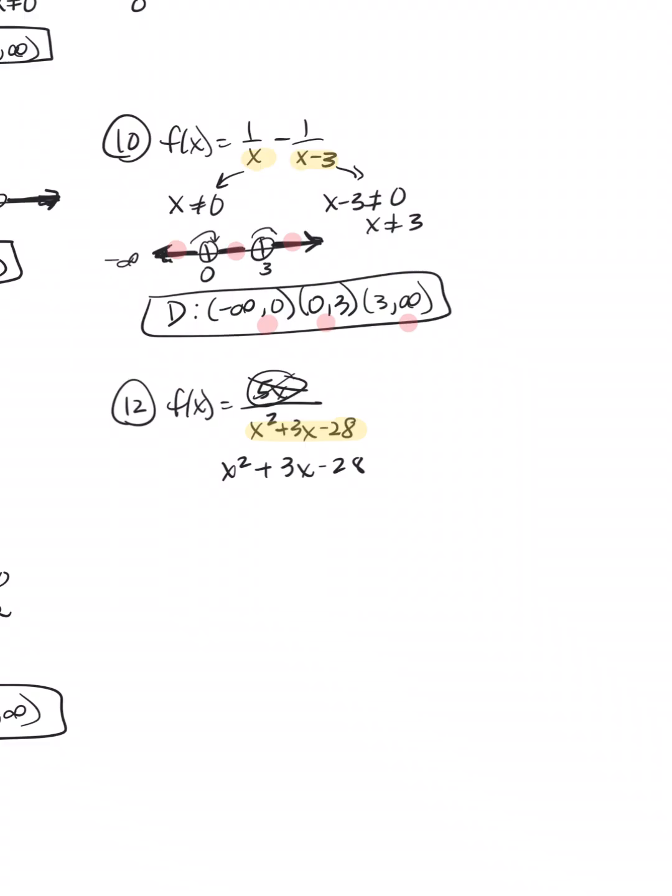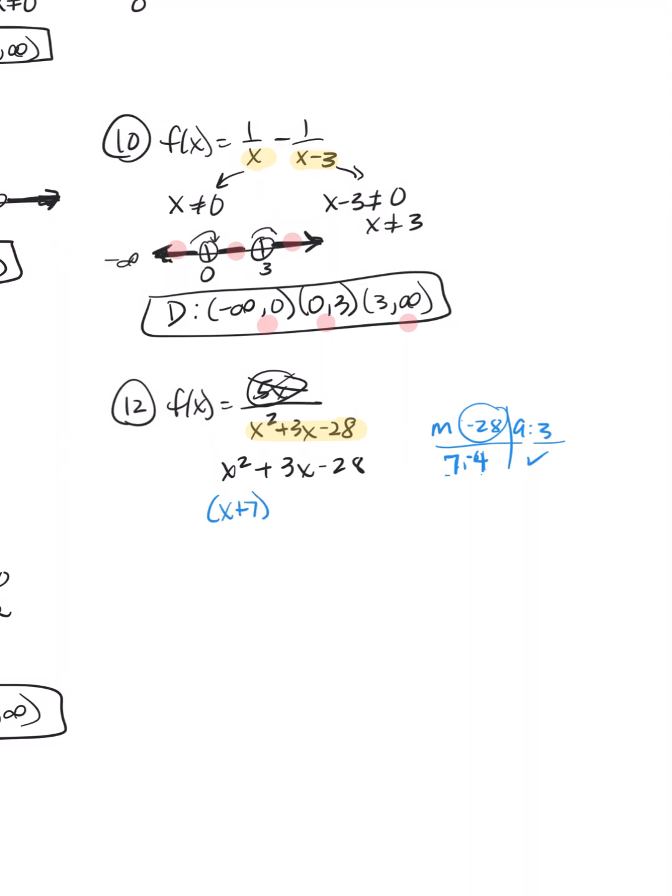So again, we're asking ourselves what 2 numbers multiply to negative 28 but add to 3, the middle term. So let's think. What 2 numbers multiply to 28? A 7 and a 4. I need a positive 3, but I need a negative 28. That means these 2 guys have to be different signs. Well, I need a positive 3, so 7 minus 4 gives me 3. That's what I want.